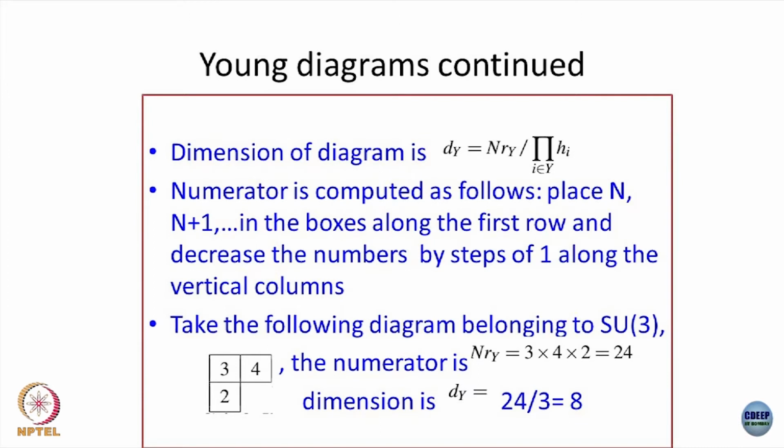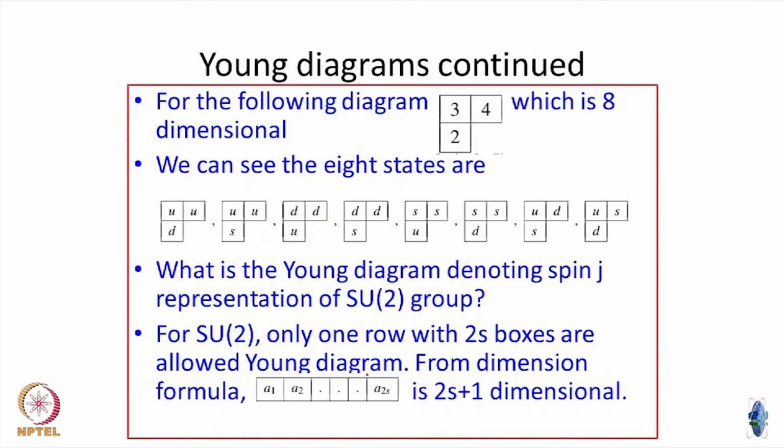So, for SU3 you will have 3, 4 along the row and column, which I explained already, and it gave you 8 dimensions, and those 8 dimensions are the 8 states which you can write out using the 3 fundamental states of SU3. Keeping track that along a row you can have symmetry, but along a column it should be antisymmetric. So, you cannot put the same state both, you cannot put u and u here. If you put a u here, the rest can either be a d or an s, that is all I am saying. Okay.